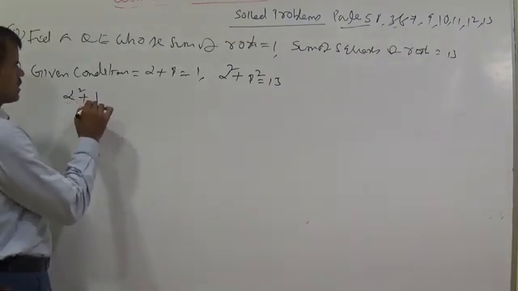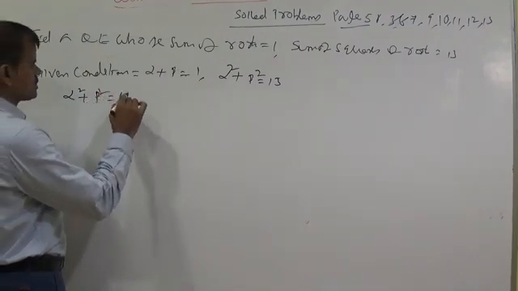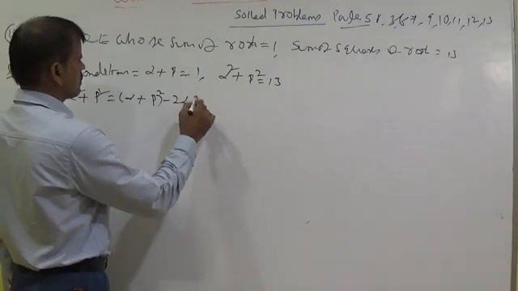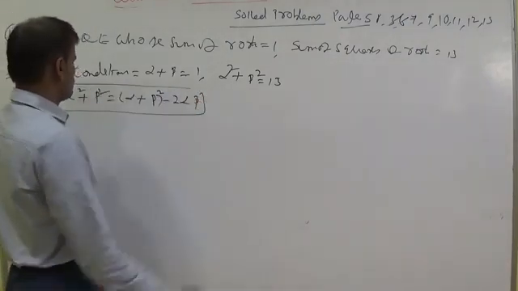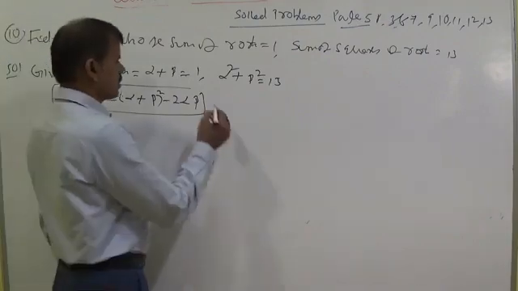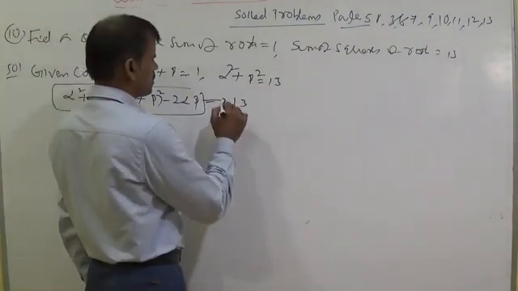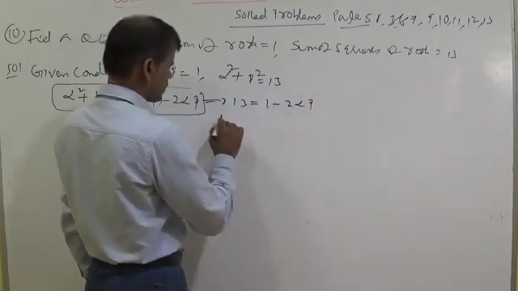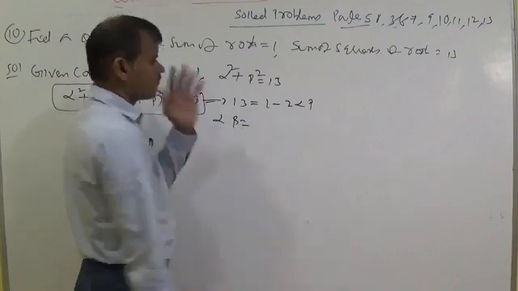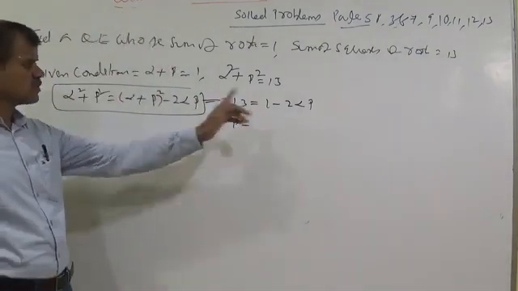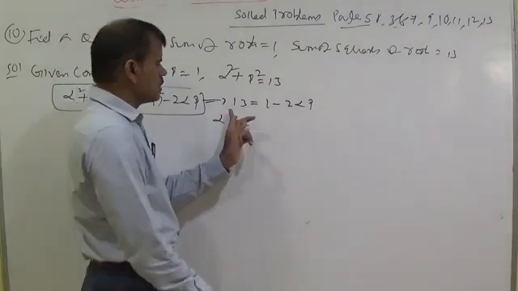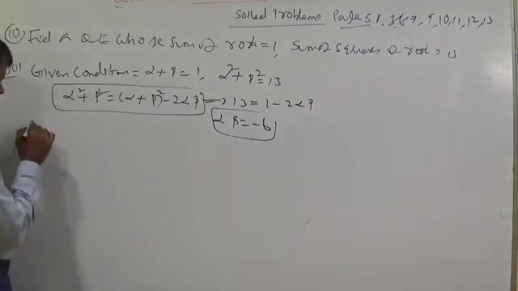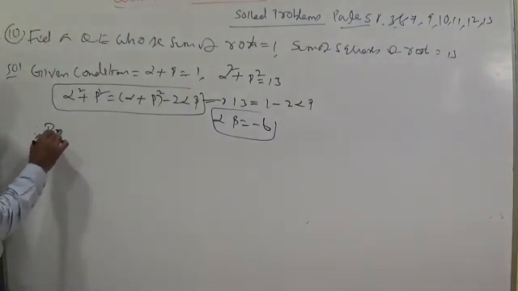Using the formula, alpha square plus beta square is equal to alpha plus beta whole square minus 2 alpha beta, so 13 is equal to 1 minus 2 alpha beta. So 2 alpha beta is equal to minus 12 and alpha beta is equal to minus 6. Therefore, you can write the required quadratic equation.